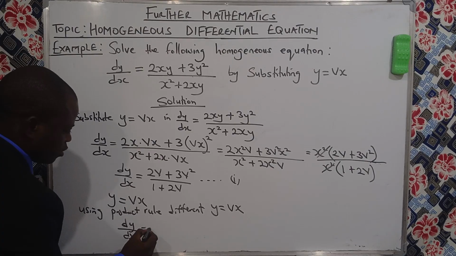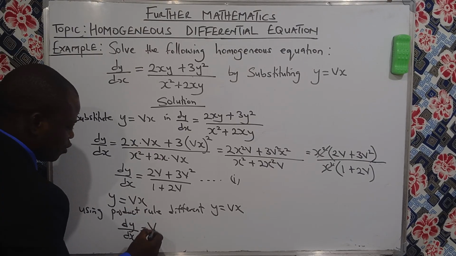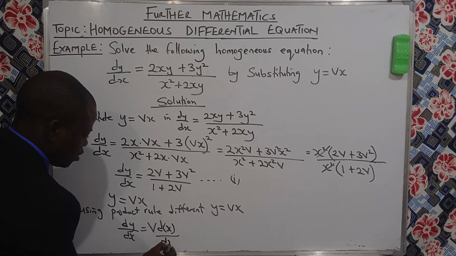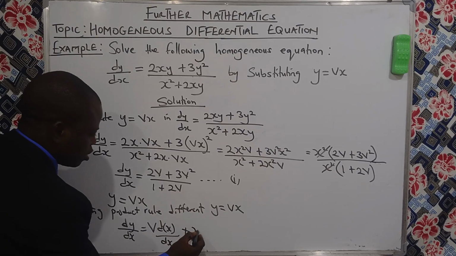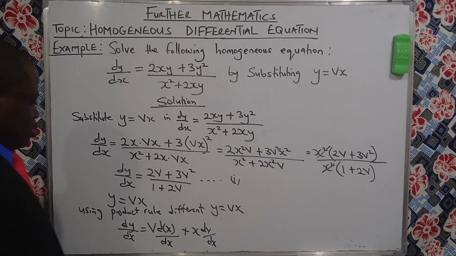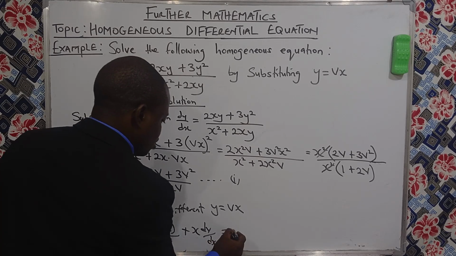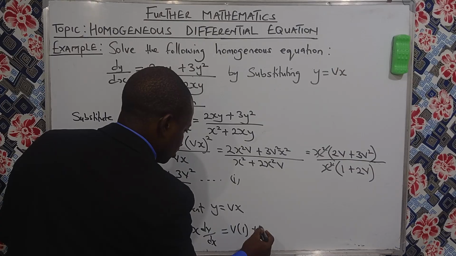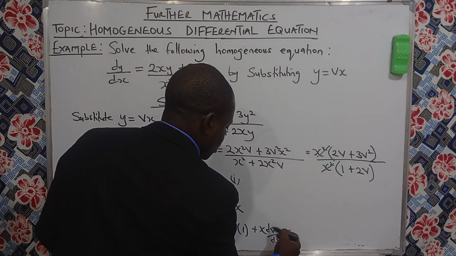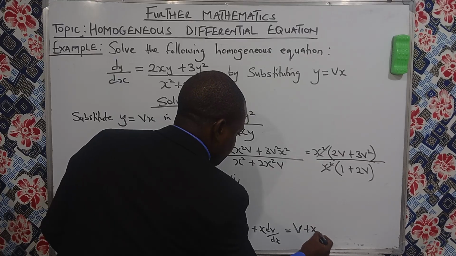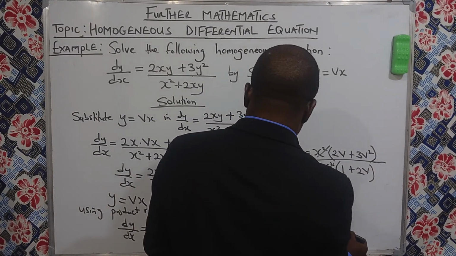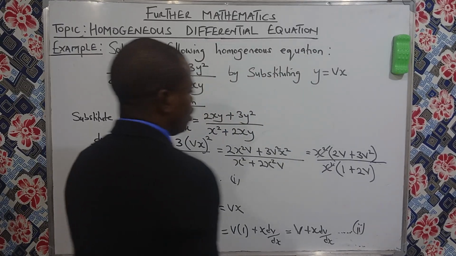You keep the first one and differentiate x, v dx over dx, plus keep x and differentiate v, x dv over dx. Now when you differentiate x, you have 1, v times 1 plus x dv over dx, which equals v times 1, that's v, plus x dv over dx. Let's call this one equation 2.